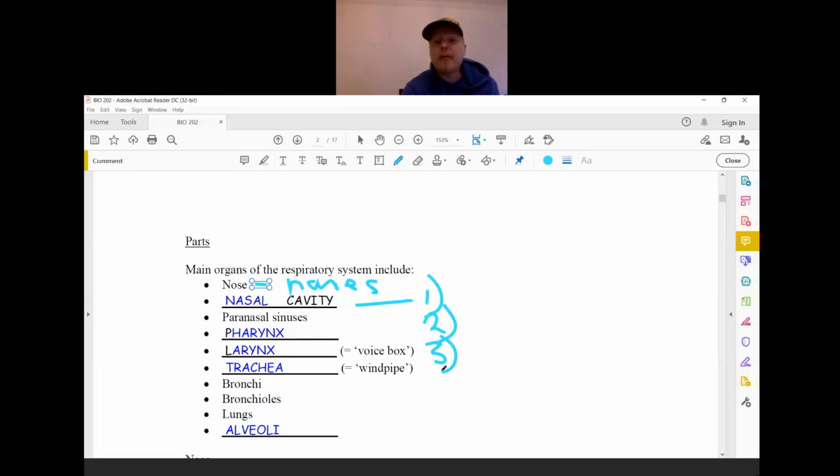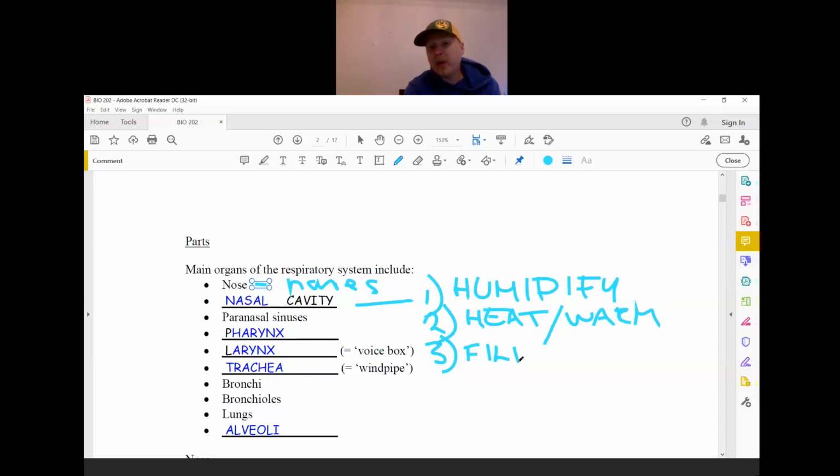But at this point, we see that the nasal cavity plays a role in humidifying, in heating or warming, and then also filtering or removing small particles from the air that passes through.